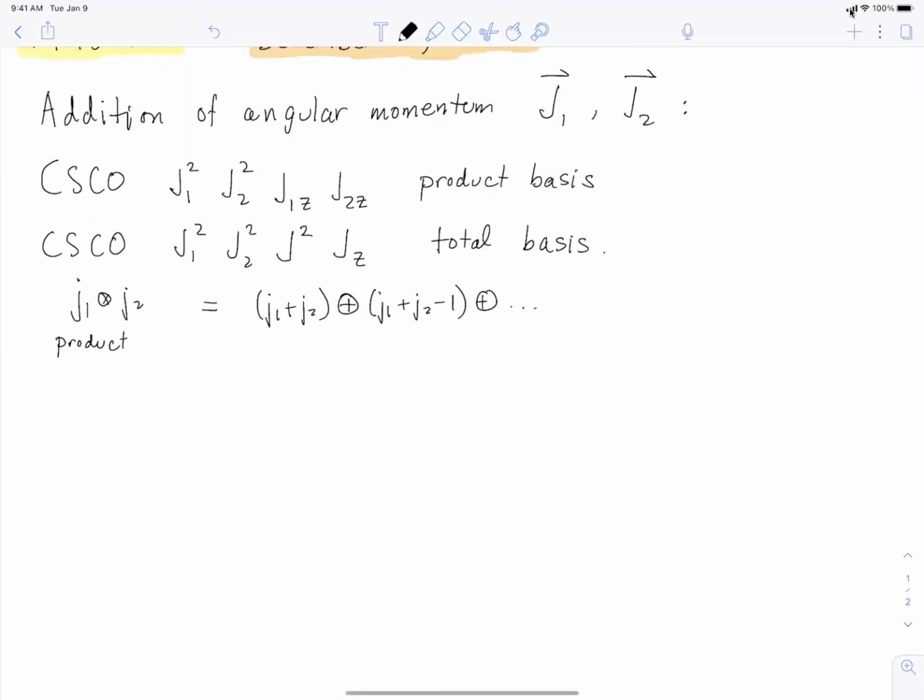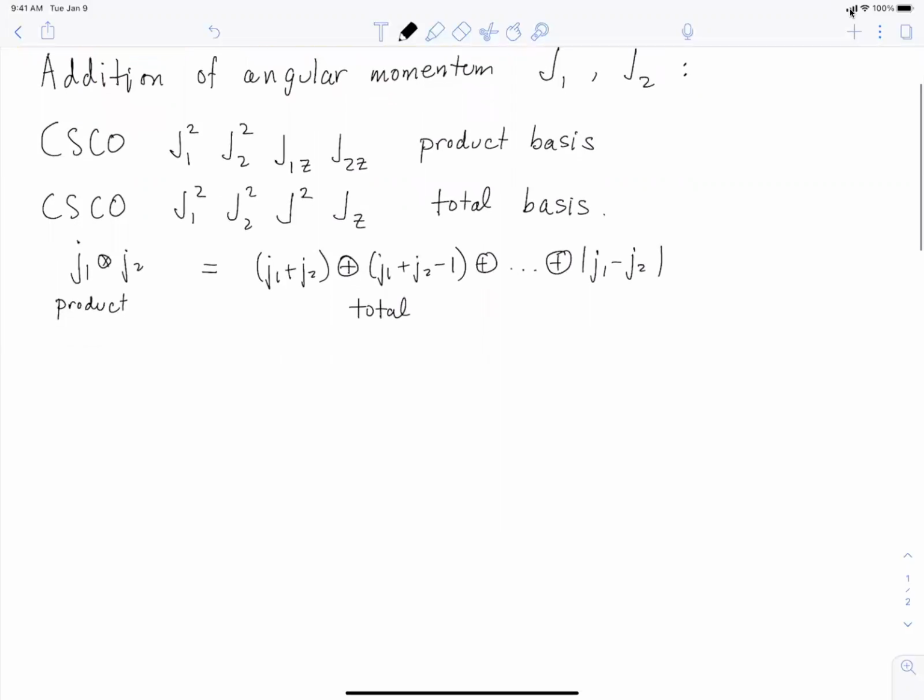Okay, and it's the sum of all these different total angular momenta quantum numbers. Okay, so this is the total basis. So this thing I'm writing down is just a reminder of what representations are involved.